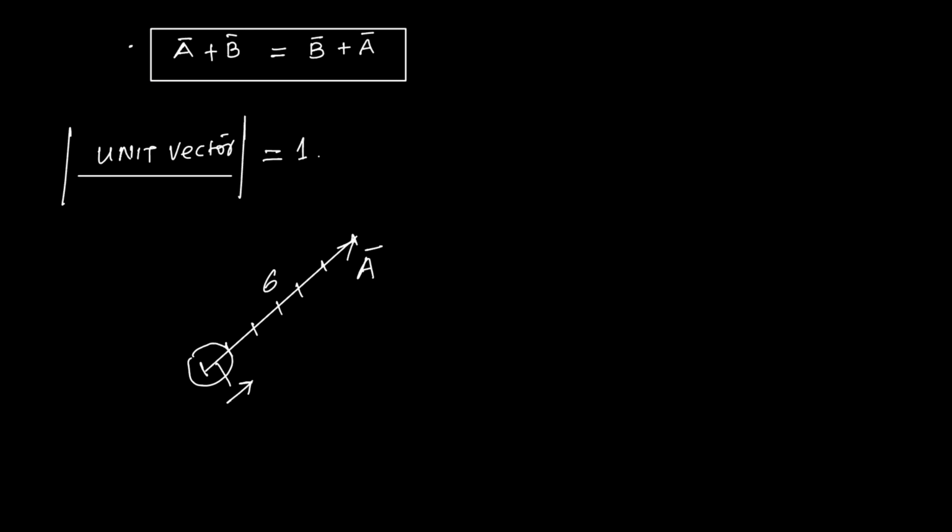So this one part is a unit vector, and it is the unit vector in the direction of A. So we can write A cap. Cap indicates unit vector. So A cap is a unit vector in the direction of A vector.